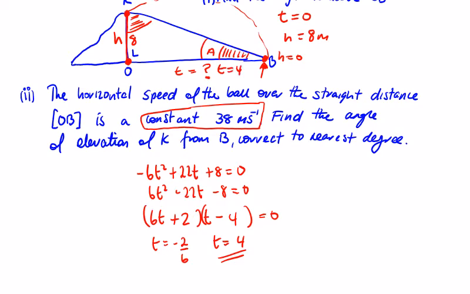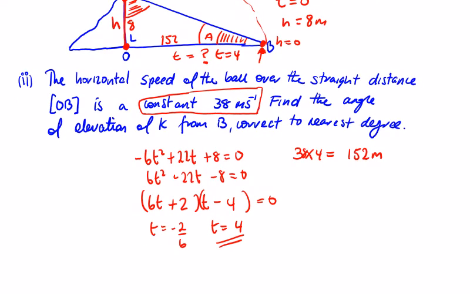So it's traveling at a constant 38 meters per second, for 4 seconds, which is 120 and 32, 152 meters. So now we have this side here, 152. We have the two straight sides, so we can use tan here to get my angle. The tan of A is opposite over adjacent, so 8 over 152, so it's a small angle.